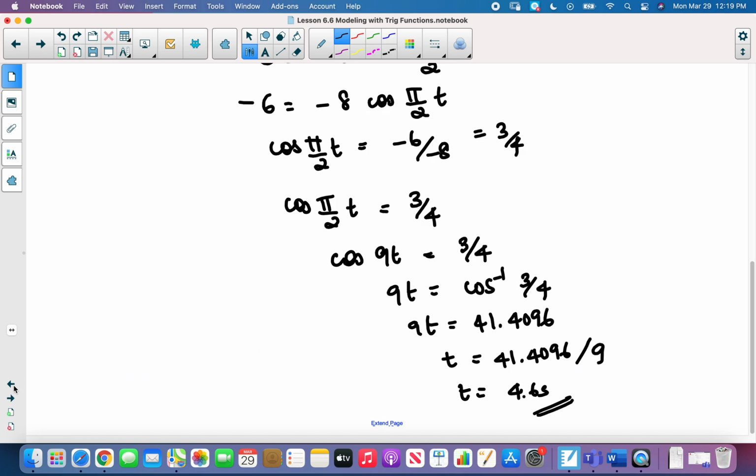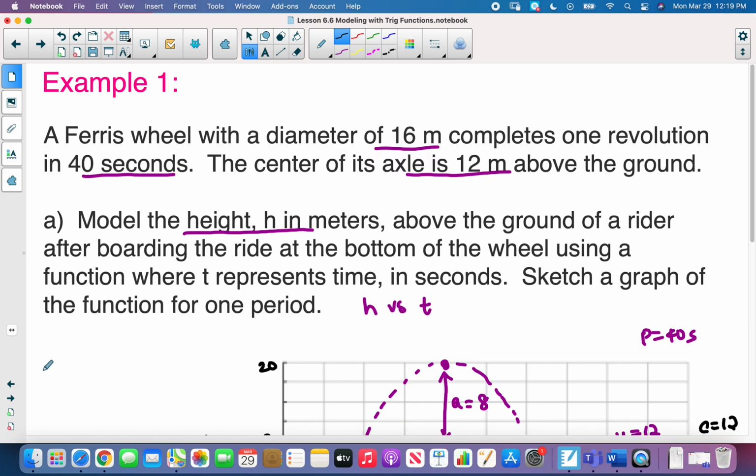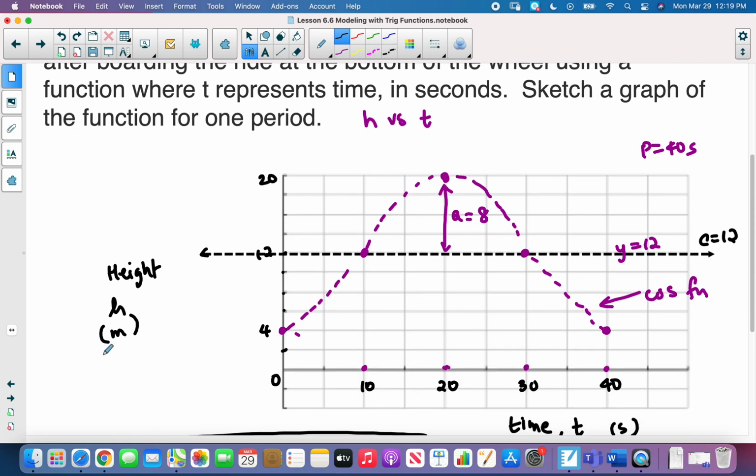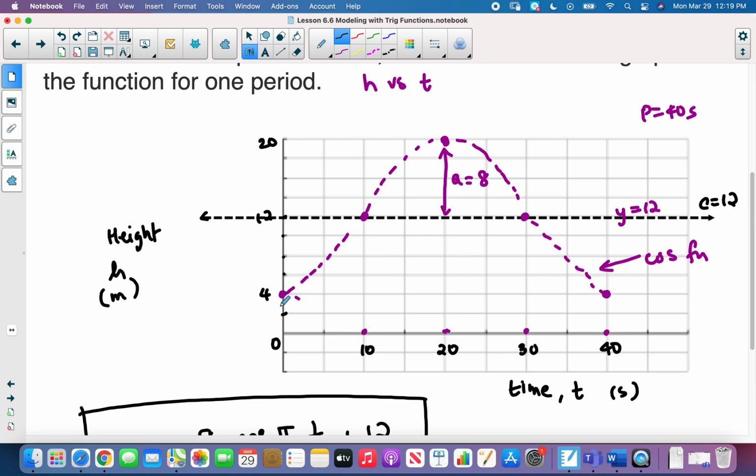And if you look at our graph to verify that, we will find that when our height of 6 meters is reached, which will be 2, 4, 6 somewhere here, right? So if you look at that, the first time it happens is somewhere here, which is what we got right now, 4.6, and then it happens again somewhere here.